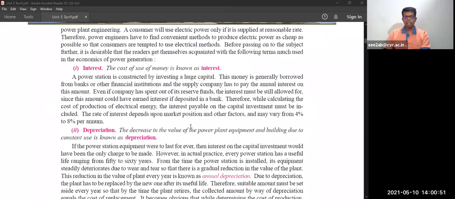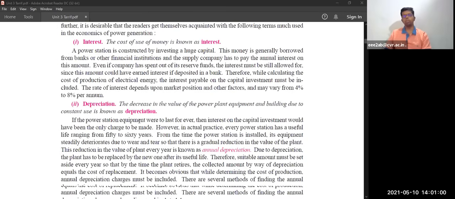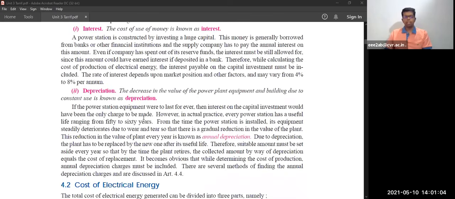The rate of interest depends on the market position, and it may vary from 4% to 8% per annum. If you go for the World Bank, you get less than this also.